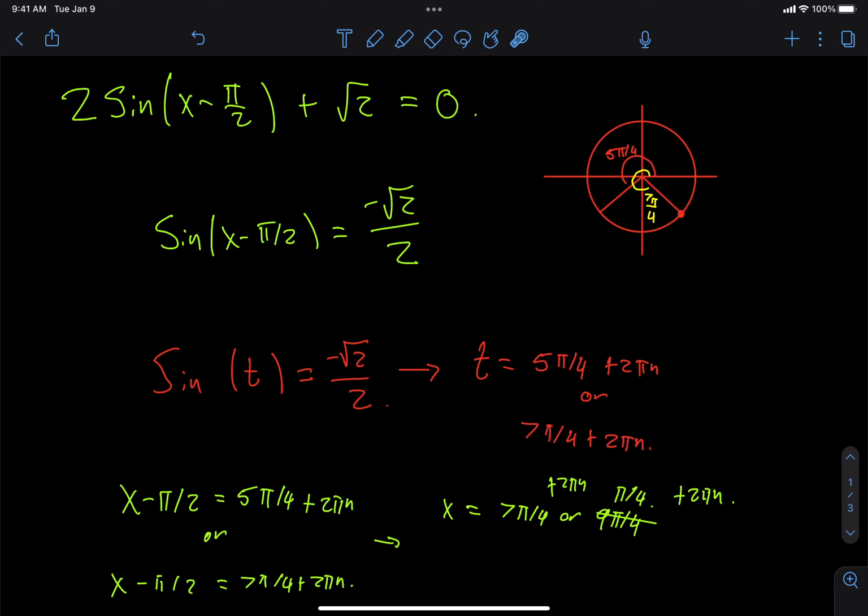At the end of the day, we're looking for the x values such that if I plug it in here, or more accurately, if I plug it in here, subtract pi over 2 from it, then the output of the sine function is going to be this number. Loosely speaking, we can describe when the output of the sine function is going to be that number in terms of what the angle input is which is required.